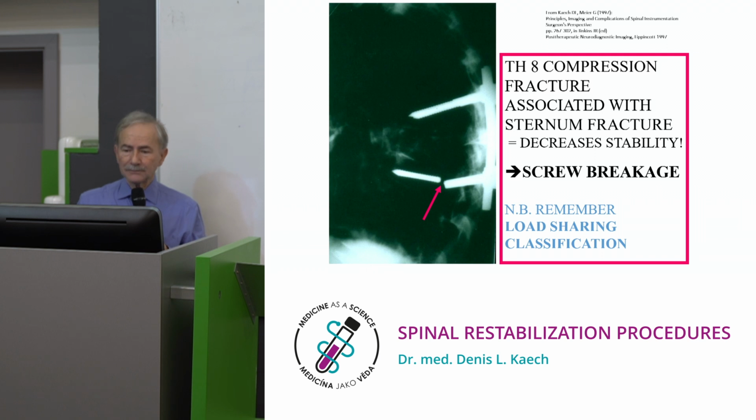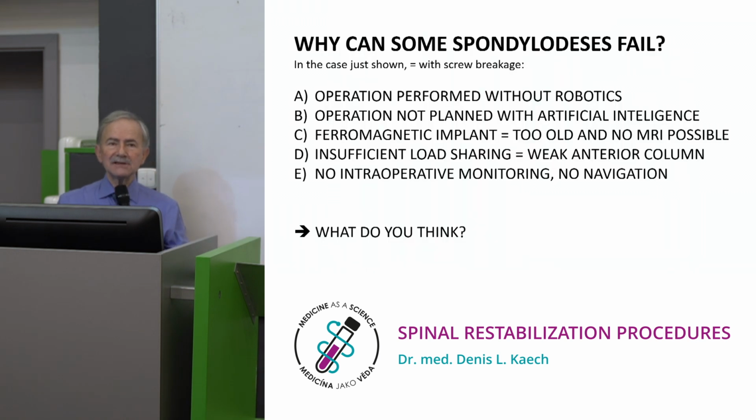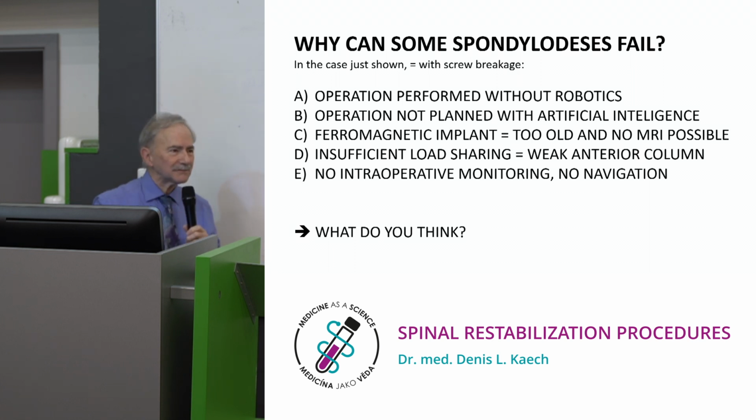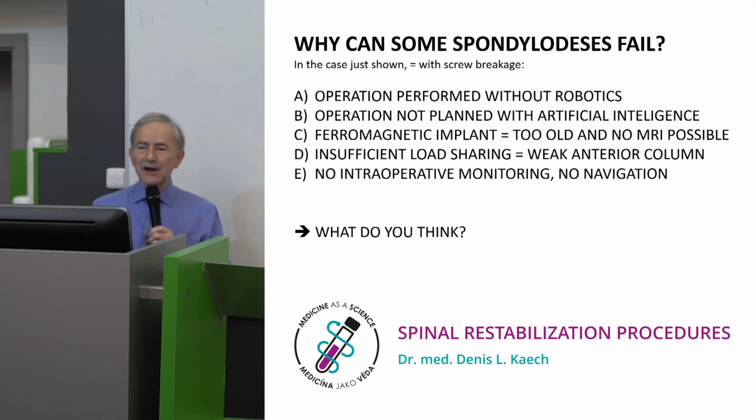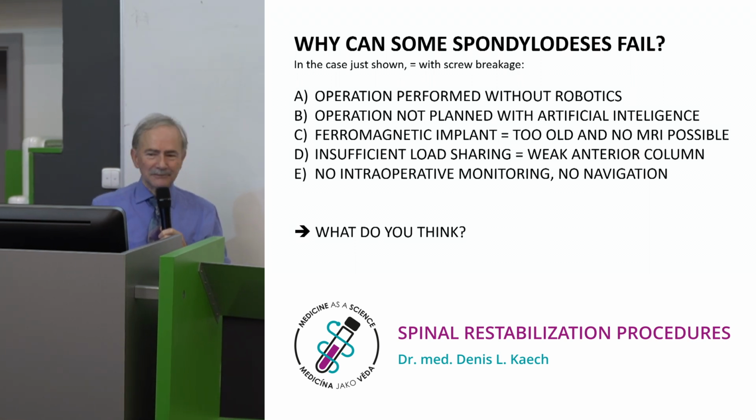Now, why do spondylodeses fail? Why are there some screw breakages and so on? What do you think? Who thinks, A, it is because the operation was performed without robotics? Who thinks the operation was not planned with artificial intelligence, that's why it failed?